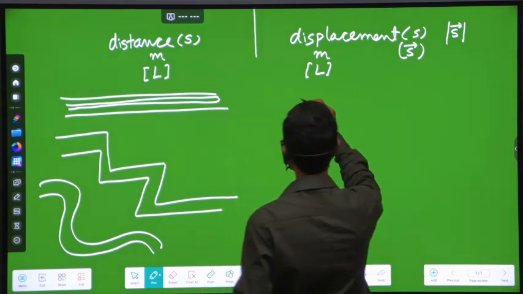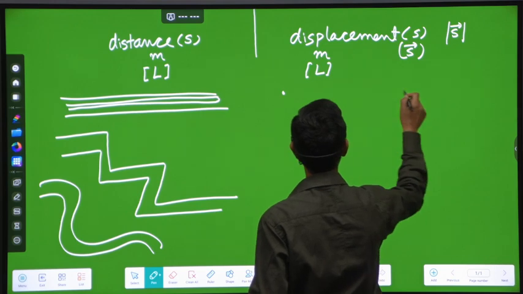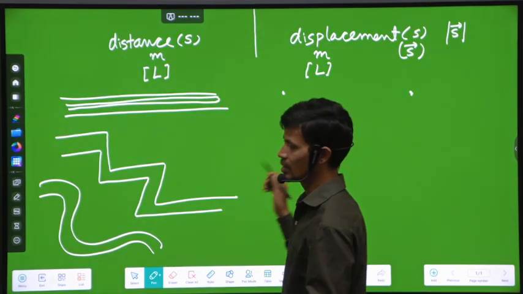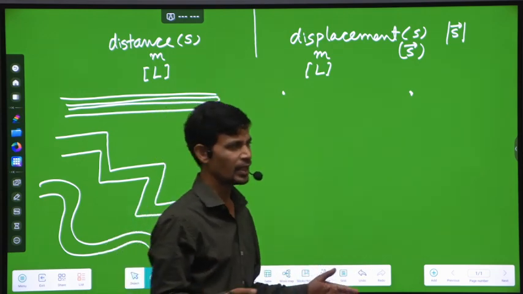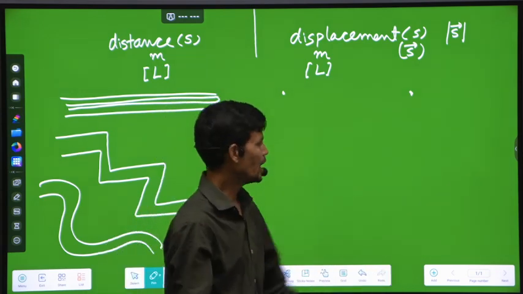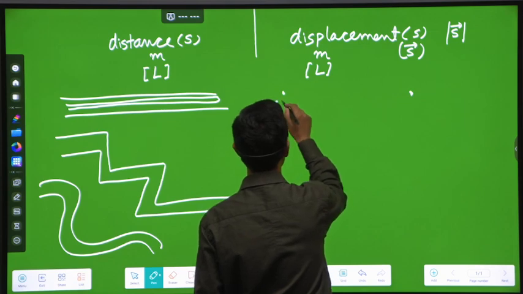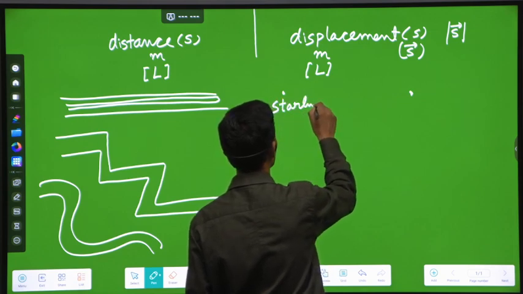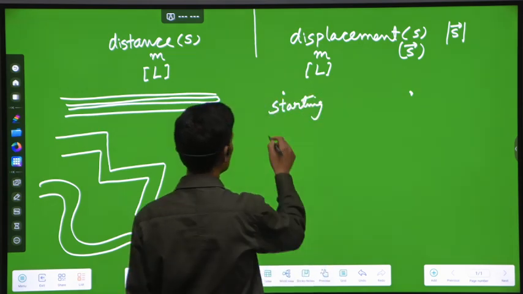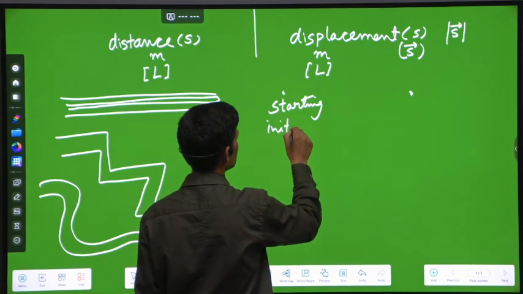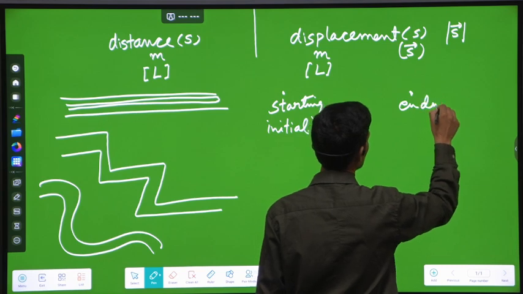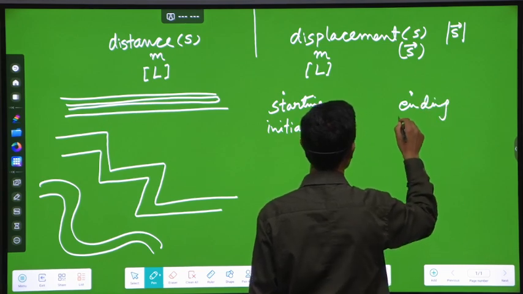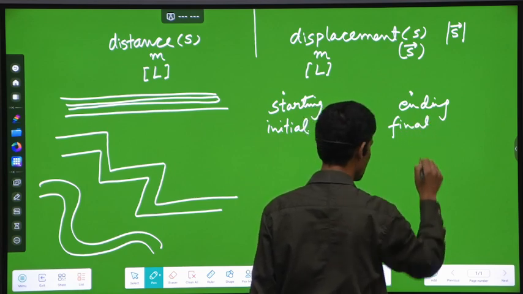So displacement depends upon two endpoints, from where motion has started and where motion has ended. So if this is the starting point, we will call it initial position, and this is the ending point, we will call it final position or terminal position.